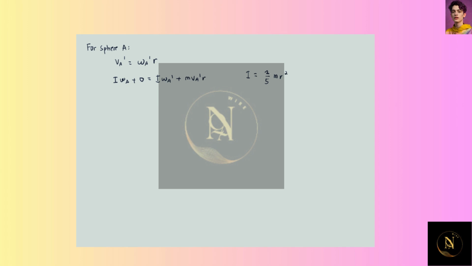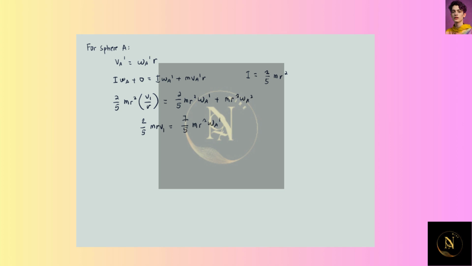Substituting this and the equations for VA and omega A from part A, our equation becomes 2/5 M R squared times omega A, which is V1 over R, equals 2/5 M R squared omega A prime plus M R squared omega A prime. Simplifying, we'll have 2/5 M R V1 equals 7 over 5 M R squared omega A prime.